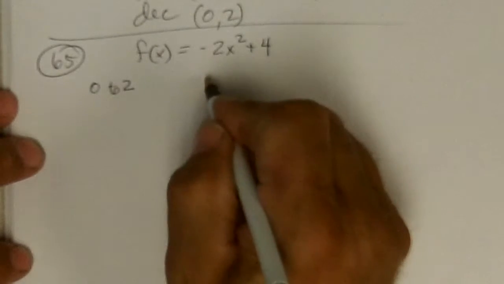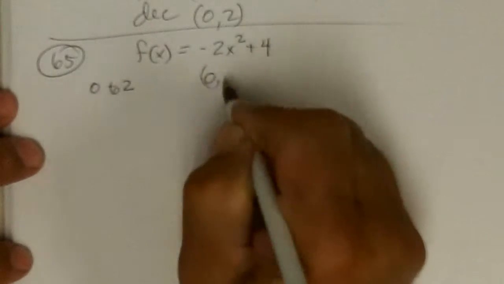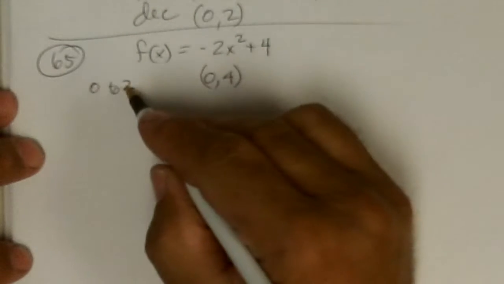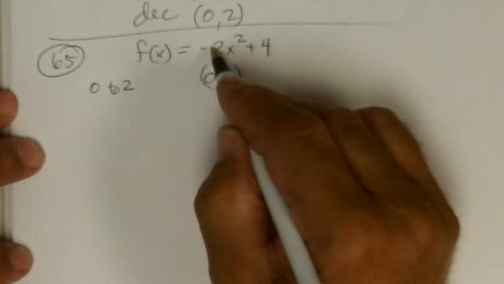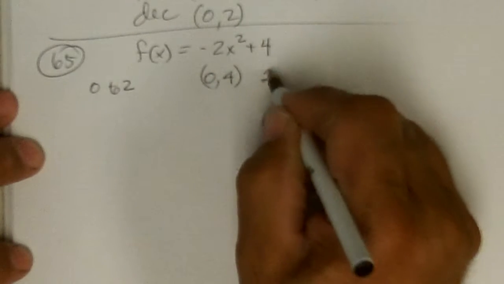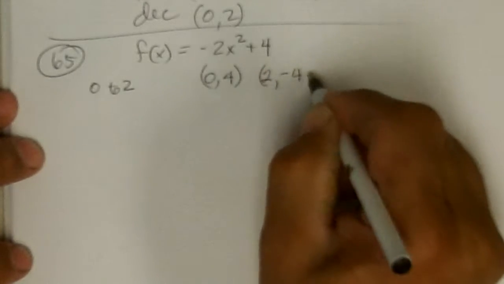So we put in 0 and we get 4. We put in 2 and we get negative 8 plus 4, which is negative 4.